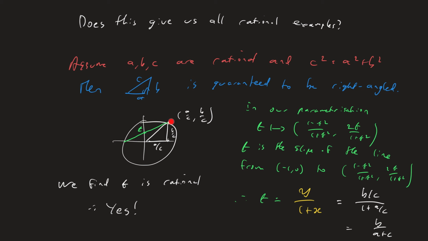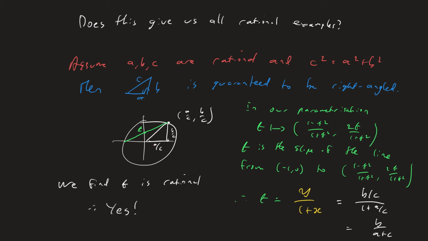Well, t is simply the slope of this line here, its gradient. And so we simply have to look at rise over run. This tells us that t is equal to, well, the rise is how high up we've gone, which is going to be b on c, and the run is the distance from here to here, and that's going to be 1 plus a on c.